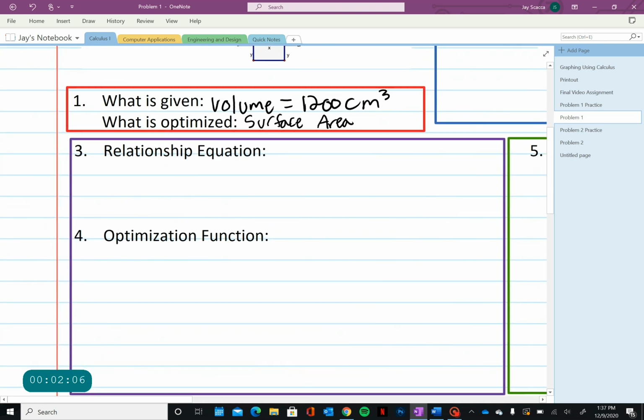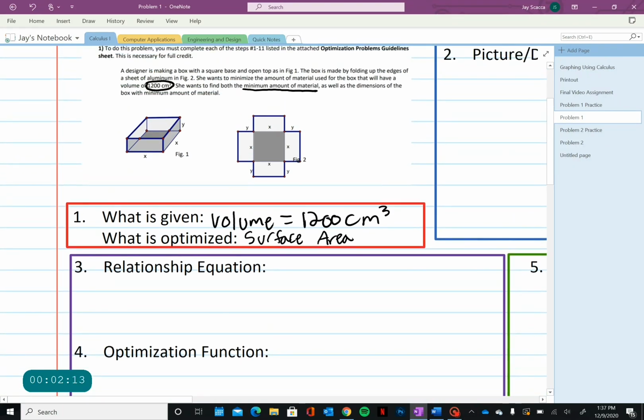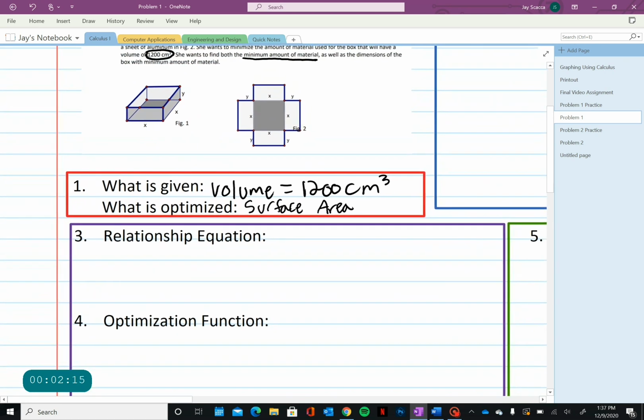So next we can find the relationship equation, which would be the volume equation. So to find the volume we would have to do length times width times height, which in this case would be x times x times y. So we can simplify that to just x squared y is equal to 1200.